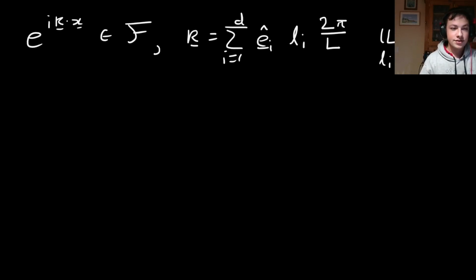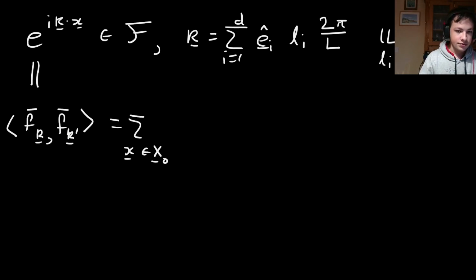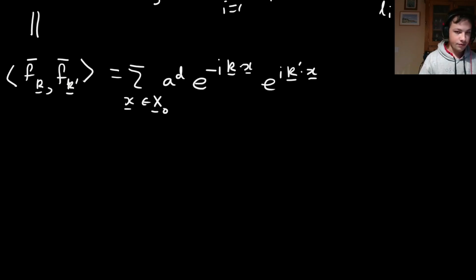Now we can do a dot product on this. So f of k primed with f bar k is equal to this thing. So this will be the sum over x in x naught, we've got an a to the d here, e to the minus I k dot x, e to the I k primed dot x. Now we can combine these vectors into one dot product in the exponent.